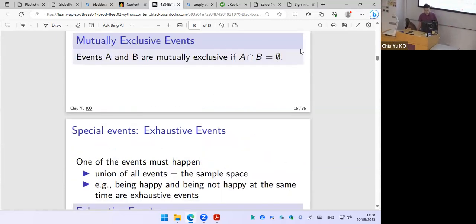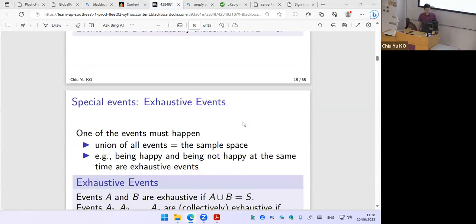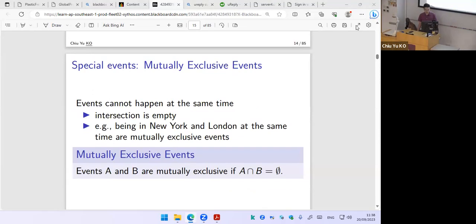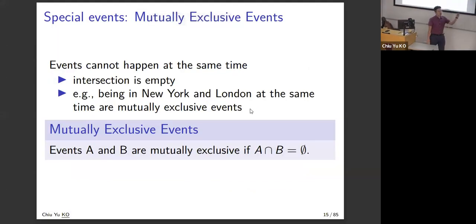Some of you actually asked me during the break again, what's the difference between mutually exclusive and exhaustive. Just to remind you, mutually exclusive means if one happens, the other doesn't. It doesn't mean both of them can't be not happening.